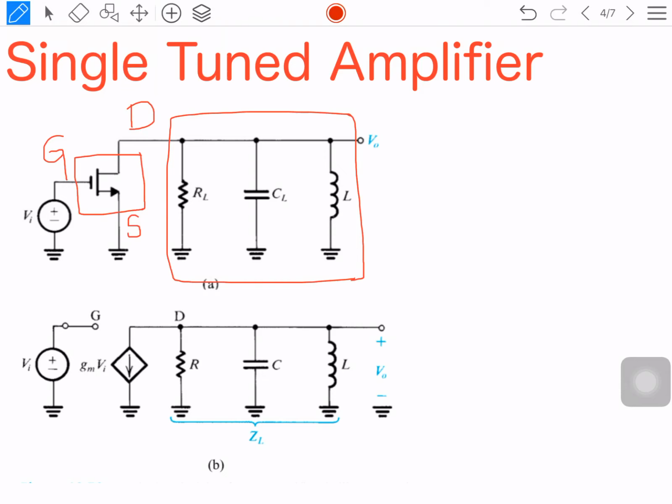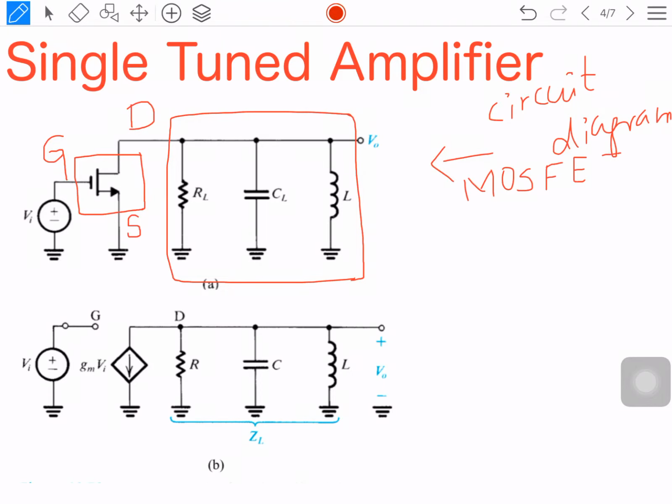Amplifiers need some biasing network also, but I have ignored it for simplicity. This is the circuit diagram of a single tuned amplifier based on a MOSFET. We can design the same using a BJT also.